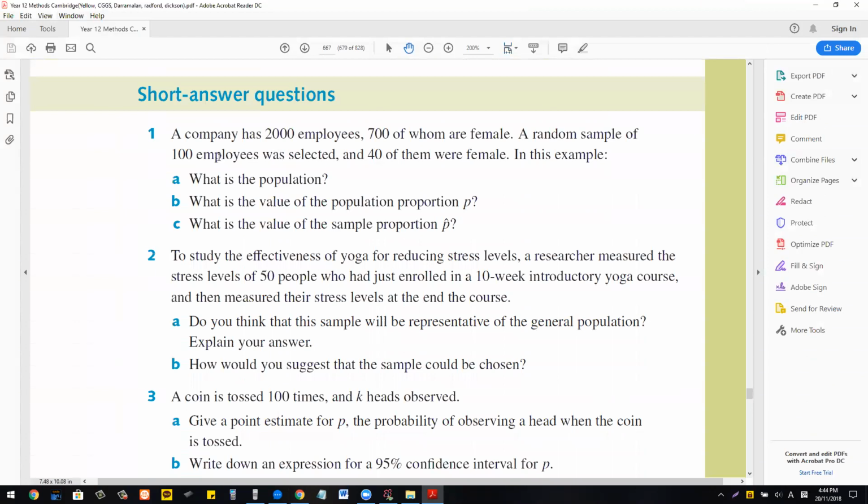So question 1. A company has 2,000 employees, 700 are female. So that's the true population proportion, okay? So 7 out of 20 is the true population proportion, which is equal to about 0.35. A random sample of 100 employees was selected, and 40 of them were female.